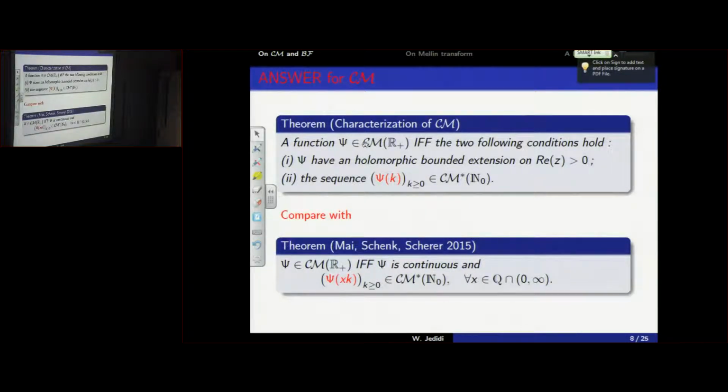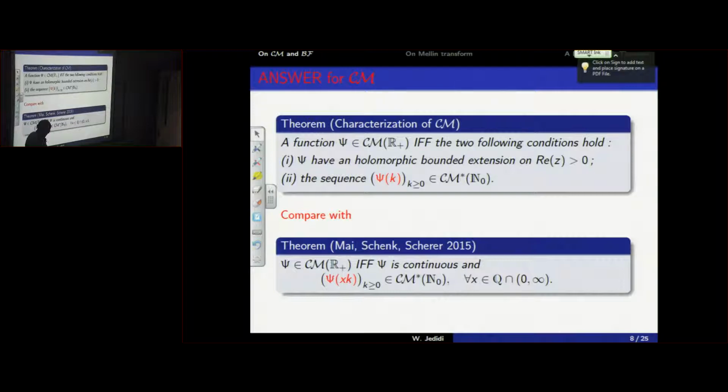Here, the psi function is defined on R plus, 0 included. Not all completely monotone functions are defined at 0. For example, the function psi of lambda equals 1 over lambda for lambda strictly positive. This is a completely monotone function. But this function is not defined at 0.